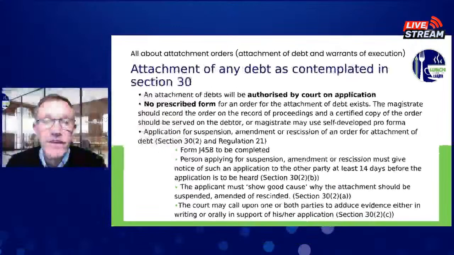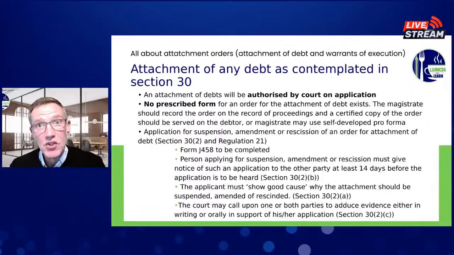And in very, very, very few cases do these types of applications succeed, because there's still a liability to pay the arrear maintenance, very similar to Section 27, where the courts would cast a dim view of suspending such an order if there is still an amount of maintenance which is left unpaid.